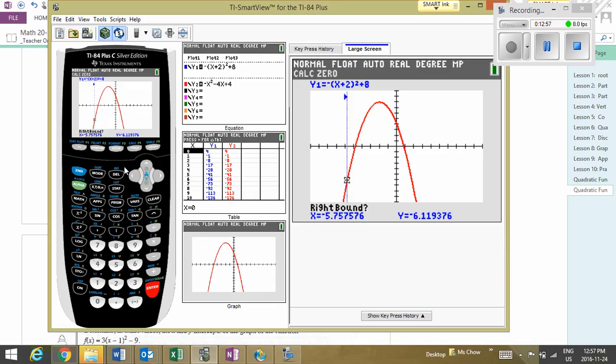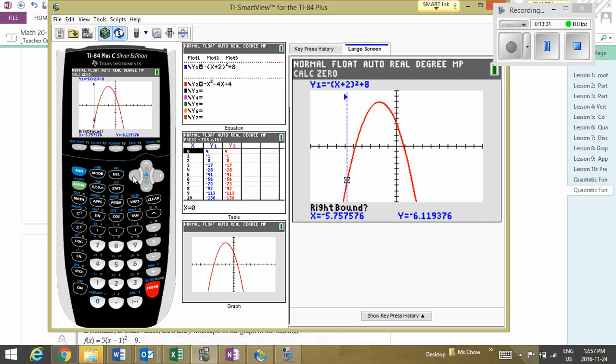So I'll hit enter. And now it's asking for the right boundary. So I want to go to the right of this x-intercept. And so that puts me anywhere over here. So I don't want to dip below this side, because if I was to put the right boundary over here, there's actually going to be two x-intercepts between my left and my right boundaries, and your calculator won't know which one you want, and so it's just going to guess and give you one of them.